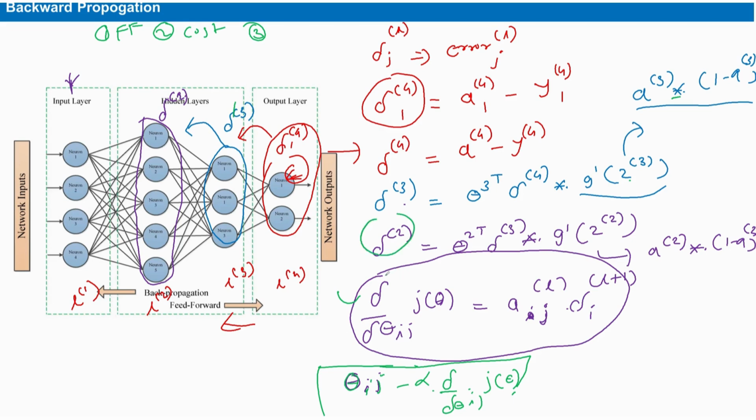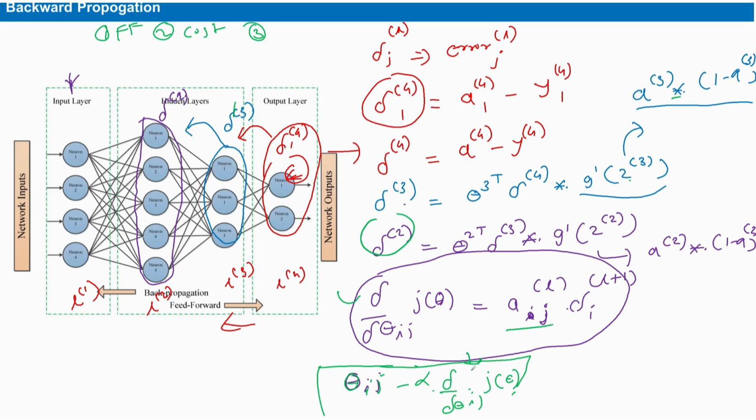In the same way, then you again find delta 2. You need not compute the deltas for the first layer, because no weights are associated there. Once you get to delta 2, you find the derivative of the cost function and substitute it into the update.